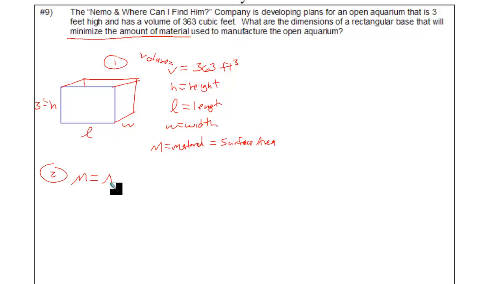I need to find the area of the front, area of the back, area of the left side, area of the right side, and the area of the bottom. There's no top. It says it's an open aquarium. Using an A here, so I need to say A is area.